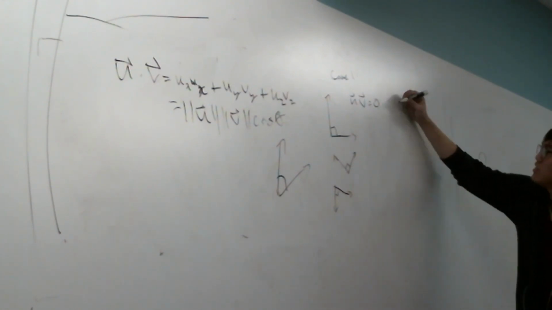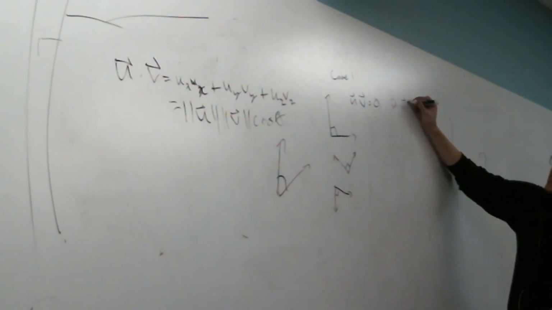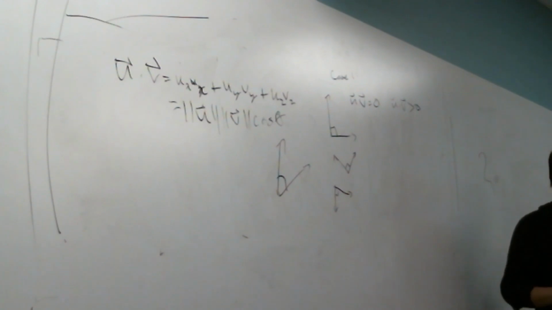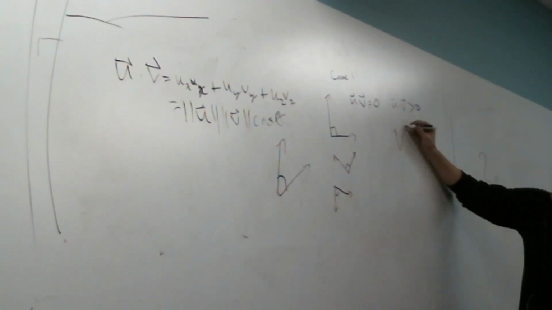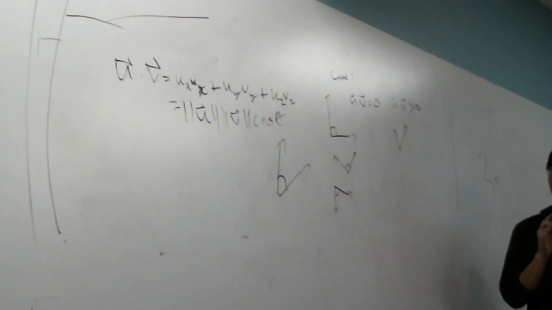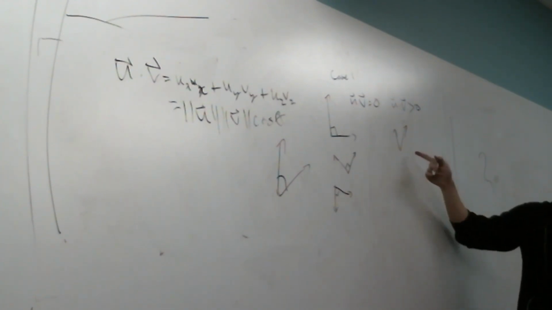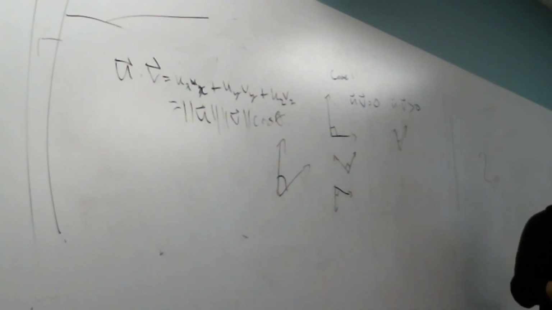When is the dot product greater than 0? That's when the vectors are facing relatively in the same direction. We would say the dot product is greater than 0 when the angle is acute, less than 90 degrees.